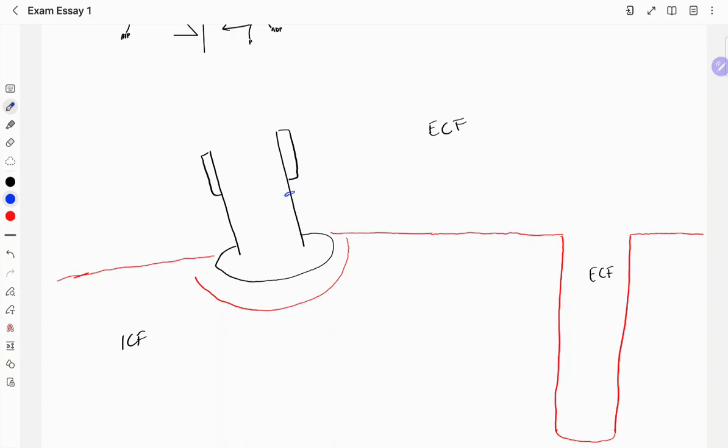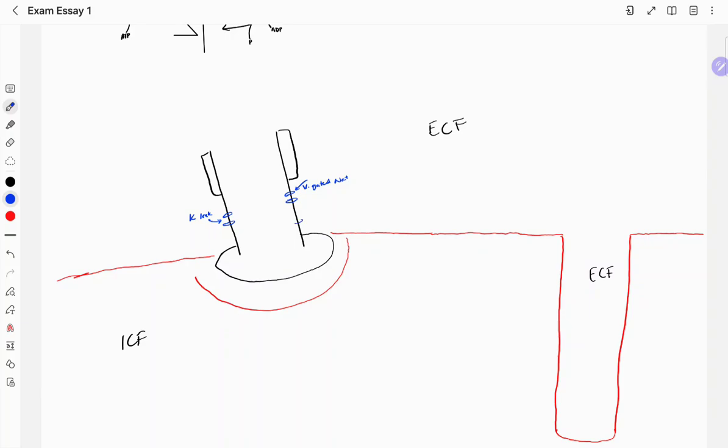And we have some channels and voltage gated channels. So for example, here we have a potassium leak channel here, and we'll put our voltage gated sodium channel. We have those.